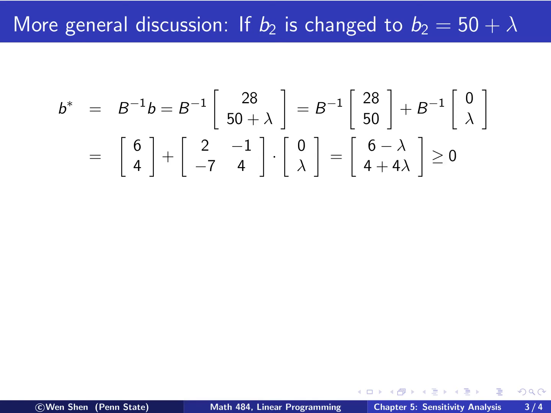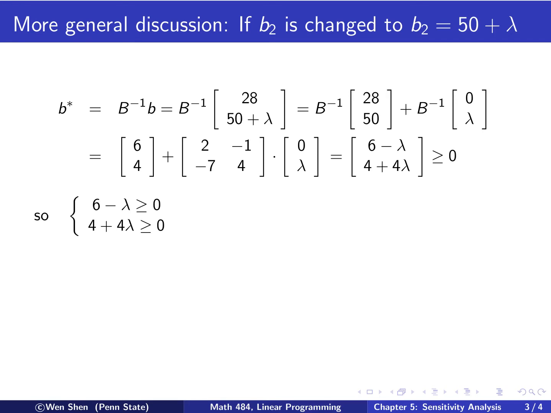On the top will be 2 times 0, negative lambda. So it's negative lambda. The first element, we combine it with 6, we get 6 minus lambda. And the second one is 4 lambda, so I have 4 plus 4 lambda. Both elements shall be bigger than or equal to 0. So we get 2 constraints.